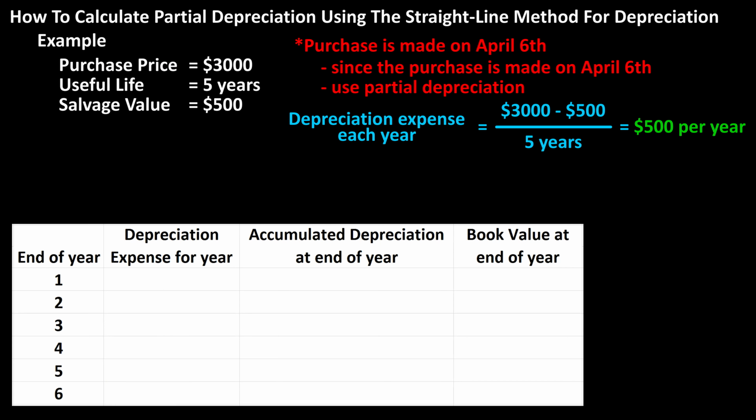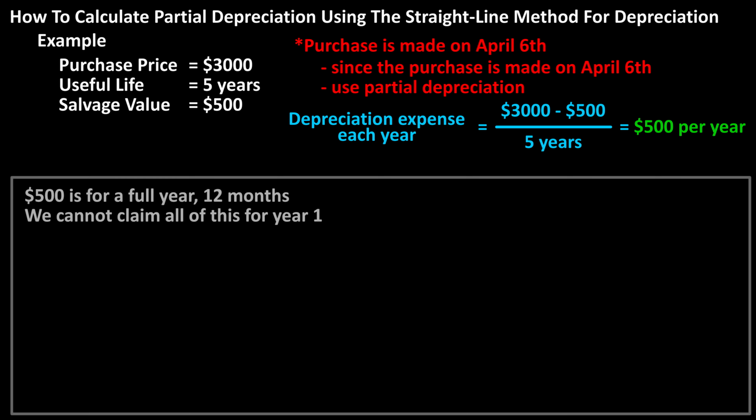For the second column, the depreciation expense for year, we just calculate that this is $500 per year. However, the $500 depreciation expense is for a full year, 12 months. And as we just mentioned, since the purchase was made on April 6th, we cannot claim that full $500 for the first year. So we need to calculate this partial year depreciation.